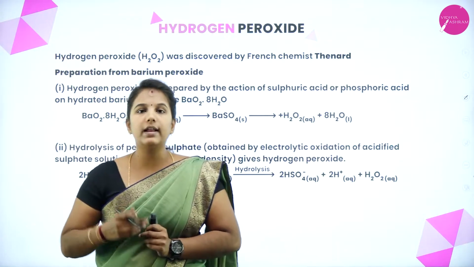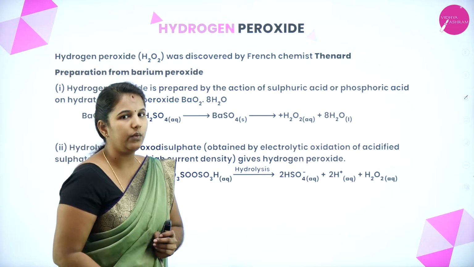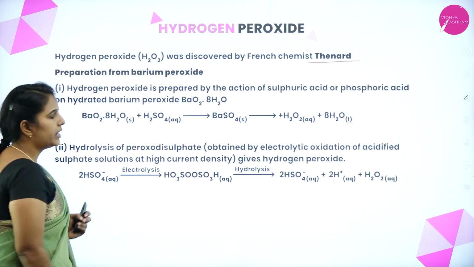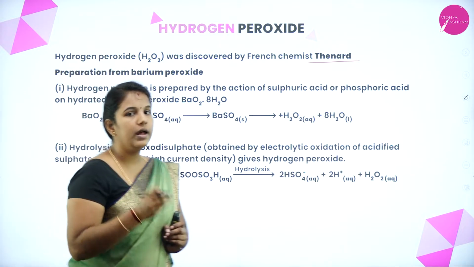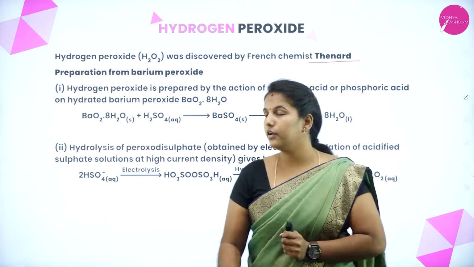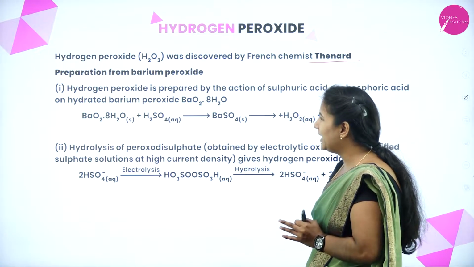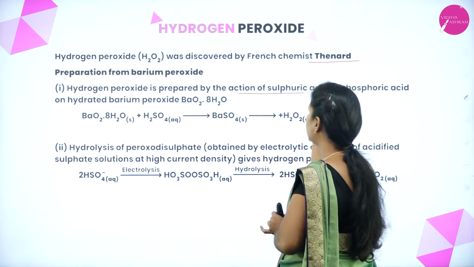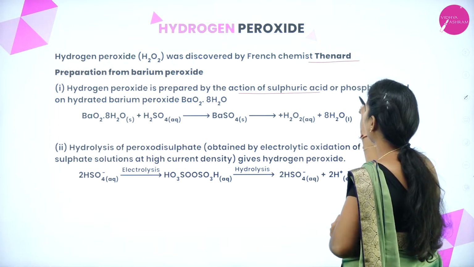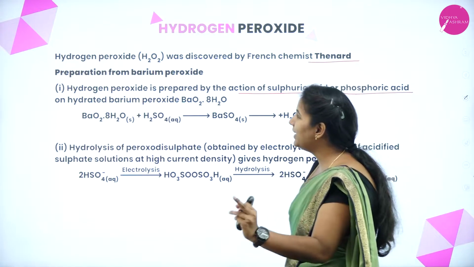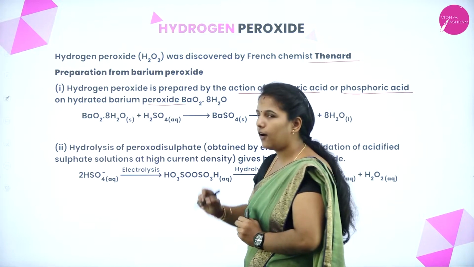So we all know that hydrogen peroxide is a liquid. It was first discovered by Thenard. Okay, let's see the preparation of hydrogen peroxide. Hydrogen peroxide can be easily prepared by the action of sulfuric acid or phosphoric acid on hydrated barium oxide.